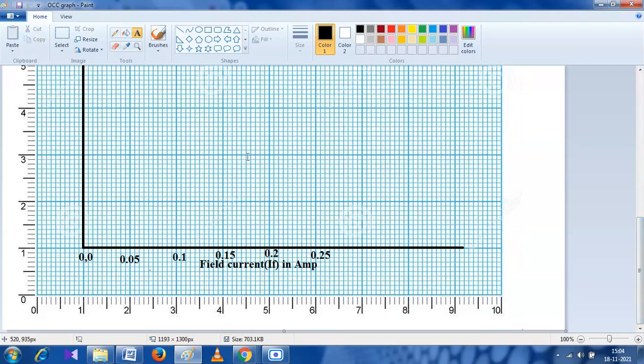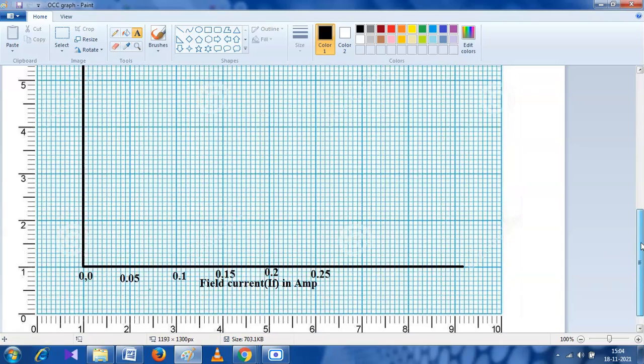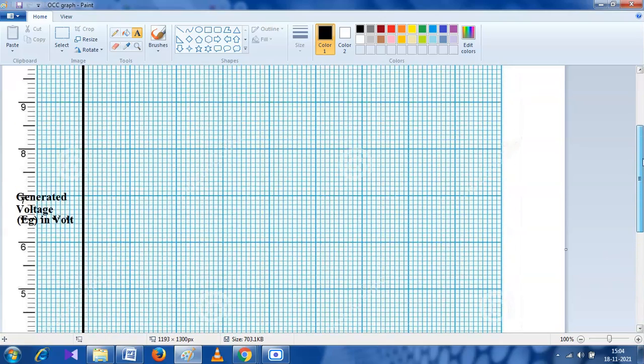Now we have to select the smallest value in y-axis also. So we have to actually provide 144 voltage.